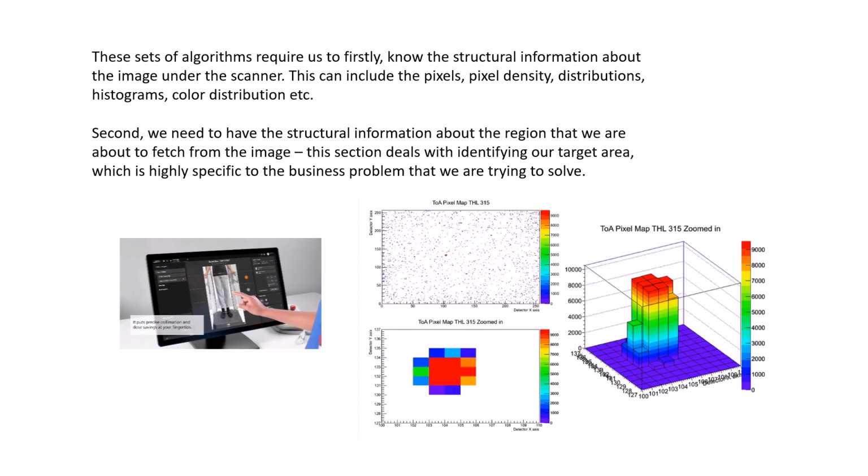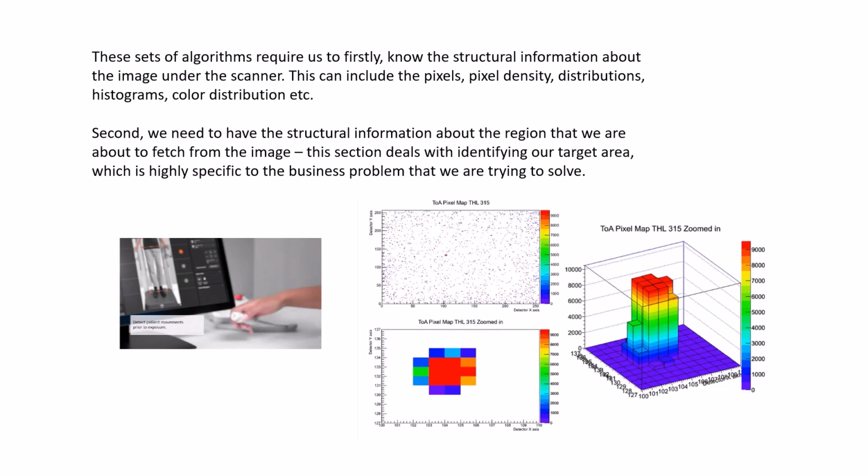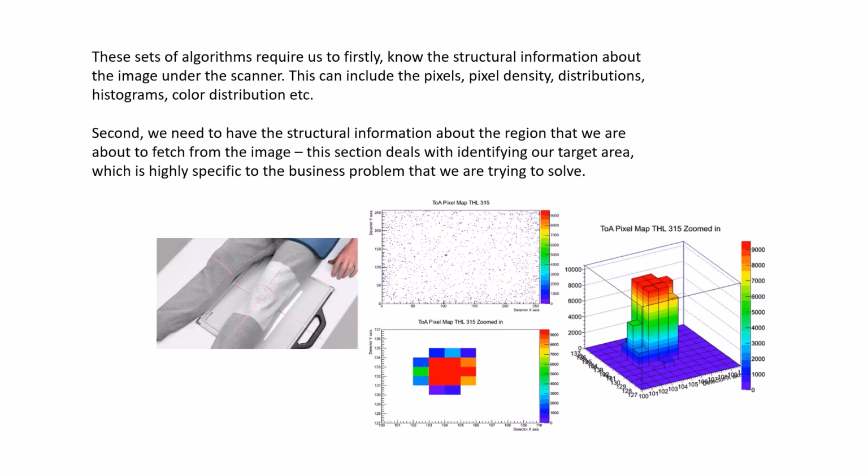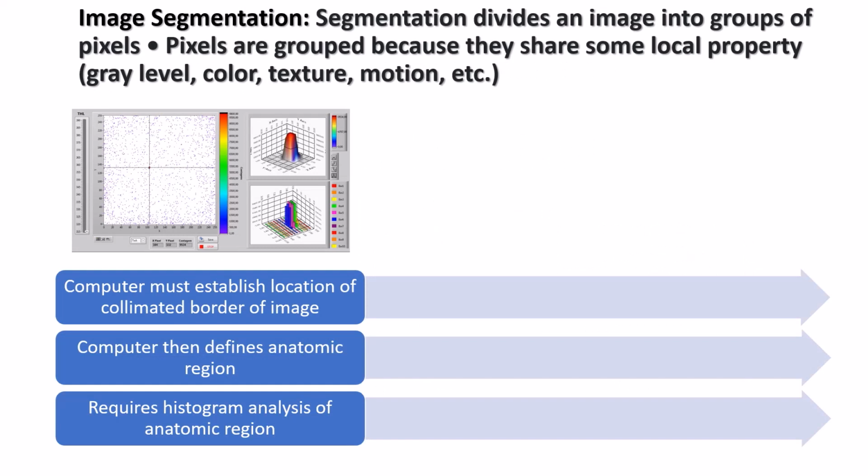This section deals with identifying our target area and how we want to be able to display the image. In other words, we can take the data and manipulate the data to visualize it how we would like to visualize it. Image segmentation divides an image into groups of pixels. Pixels are grouped because they share some local property, such as gray level, color, texture, etc.